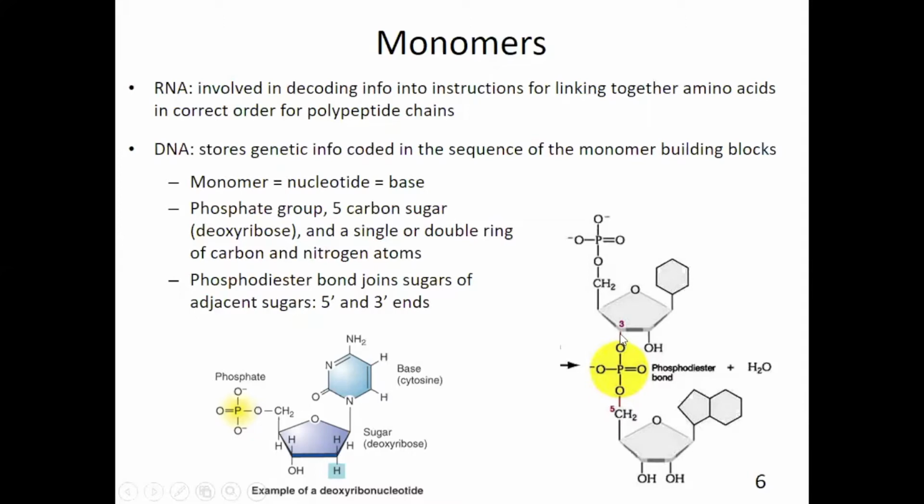And this bond is what is joining this top nucleotide with this bottom nucleotide. Notice there is a water molecule represented because we are looking at the result of a condensation reaction, and we always lose 1 molecule of water in a condensation reaction.